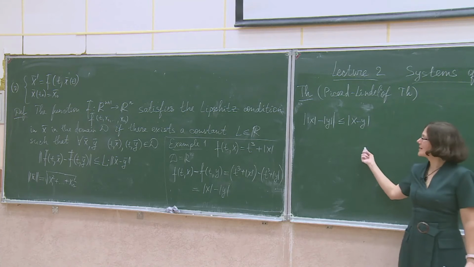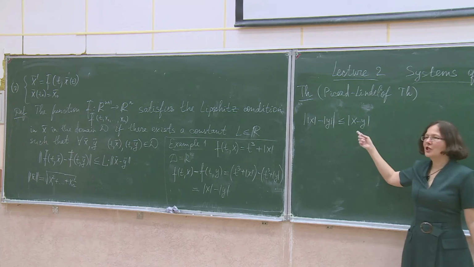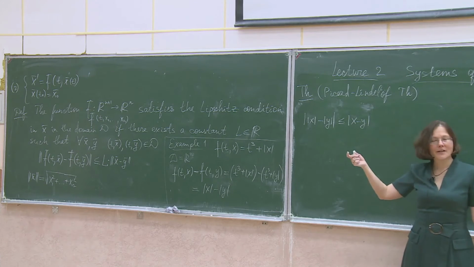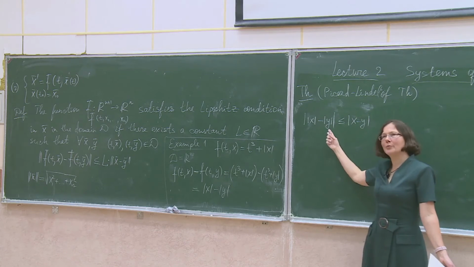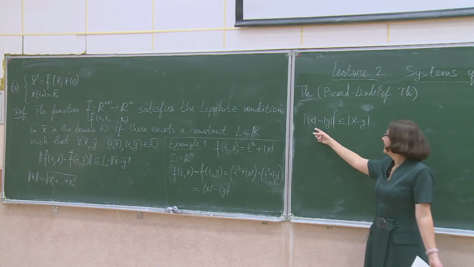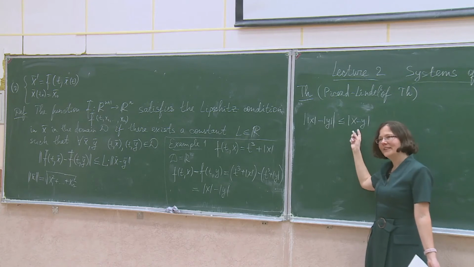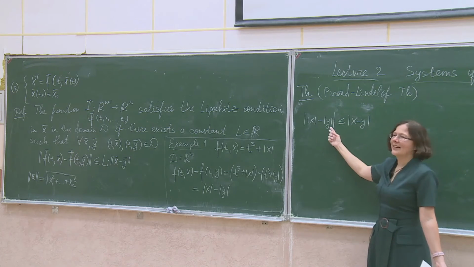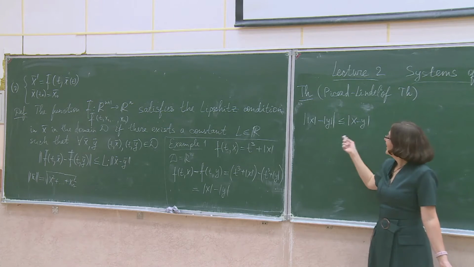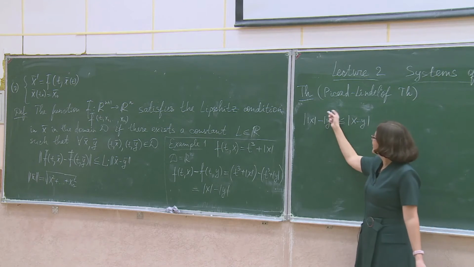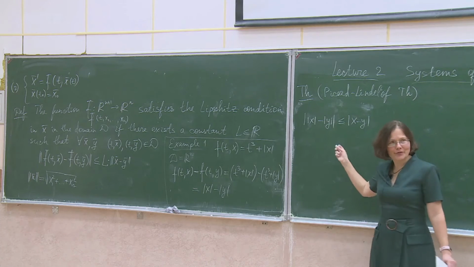Just for numbers, we can check it directly. Consider several cases. x is positive, y is positive, then they are equal. x is positive, y is negative, then this is less than this. Or we can instead use the triangle inequality to prove this.